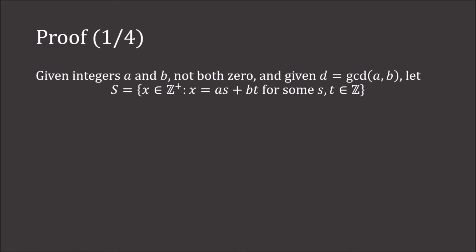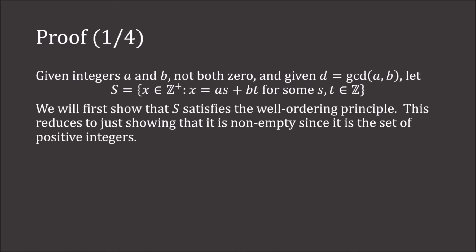We will first show that this set satisfies the well-ordering principle. This reduces to just showing that it's non-empty, since it is already a set of positive integers. So we just have to show that this is non-empty.